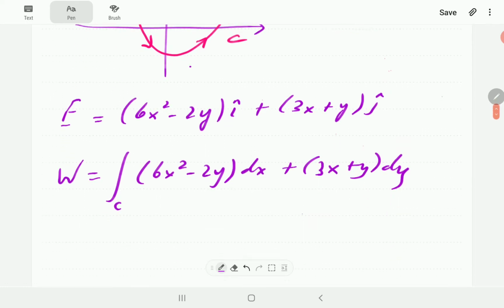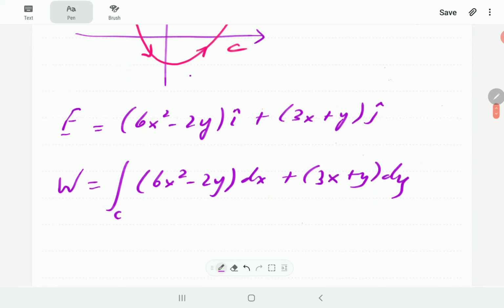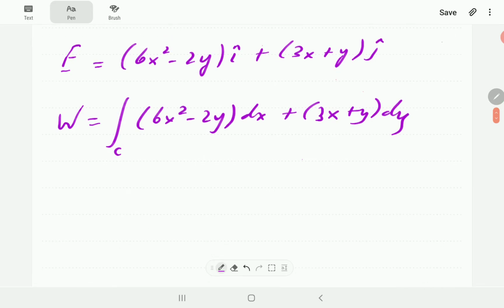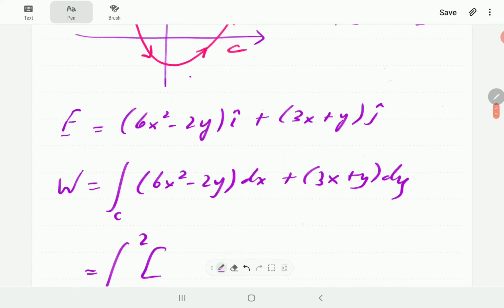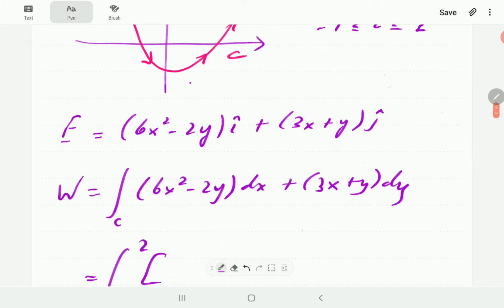And so what we're going to do is rewrite everything here in terms of t. So we're going to use the parameter. The limits are already determined because t varies from -1 to 2. So if we write everything in terms of t, then the limits are going to be from -1 to 2. So x squared is going to be 4t squared.